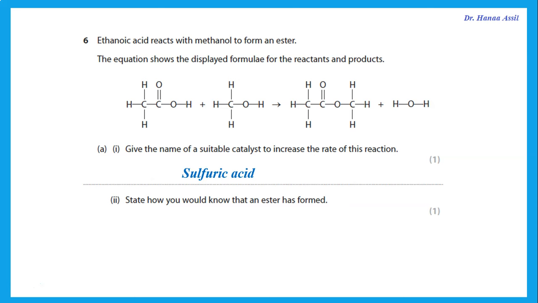The catalyst is sulfuric acid. Remember, the catalyst used for formation of ester, or what we call esterification, is sulfuric acid. State how you would know that an ester has formed. Do you know the characteristic property of an ester? You should realize that esters have a fruity smell, a nice smell.